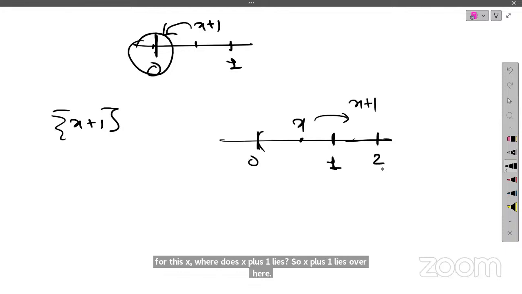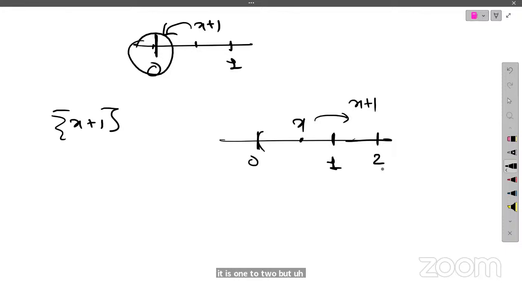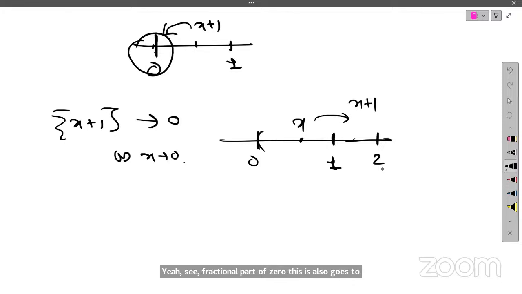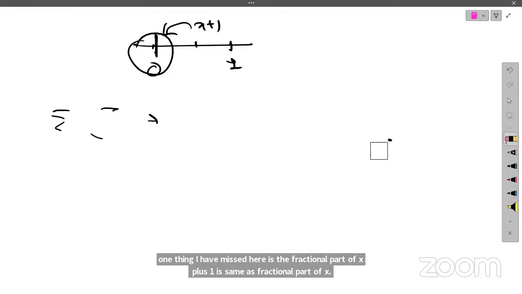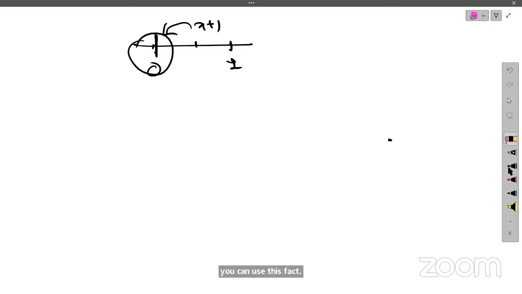But see, the fractional part also goes to 0 as x goes to 0, right? Because this plus 1 actually won't change. One thing I have missed here is that the fractional part of x plus 1 is the same as the fractional part of x. You can use this fact to show that the fractional part of x goes to 0.